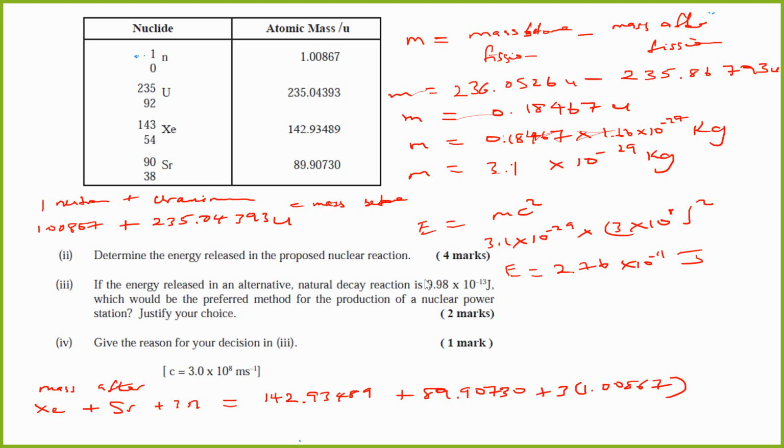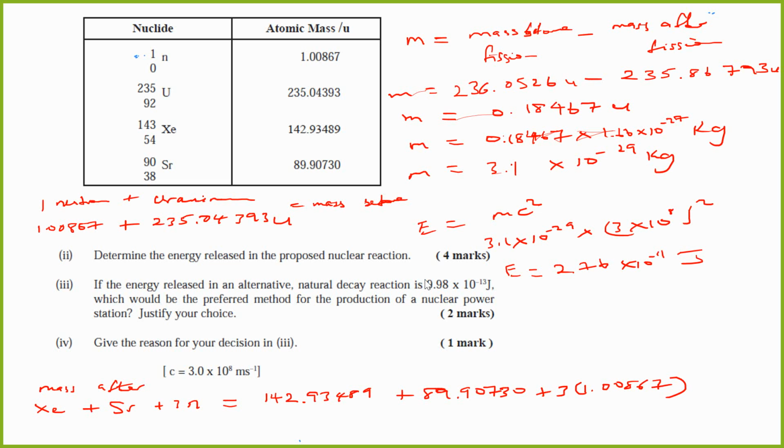To justify your answer, it says give the reason for your answer. I guess to justify it, you would subtract the values and realize that there's more energy that would be given off, right?